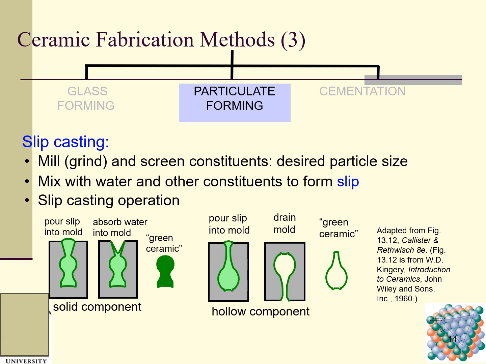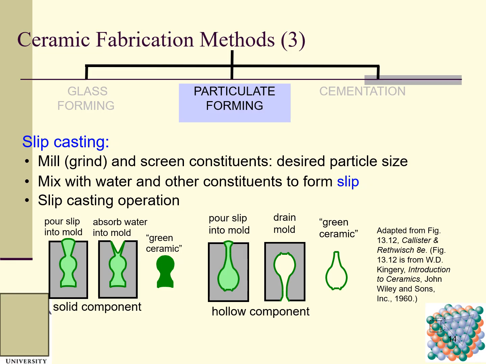Slip casting. Slip casting means mill, grind and screen the constituents to the desired particle size, then mix with water and other constituents to form the slip. This is a slip casting operation.